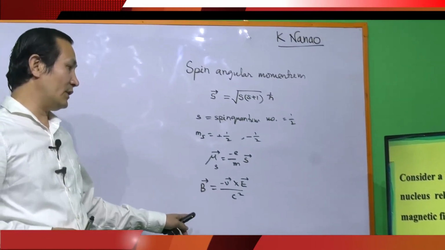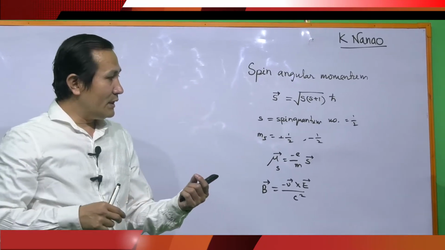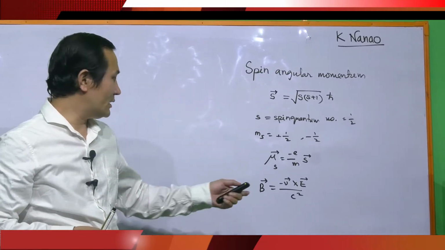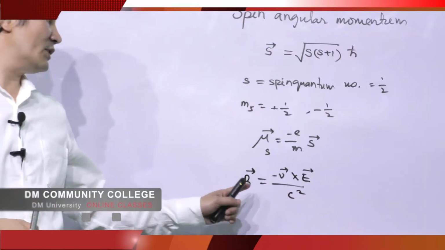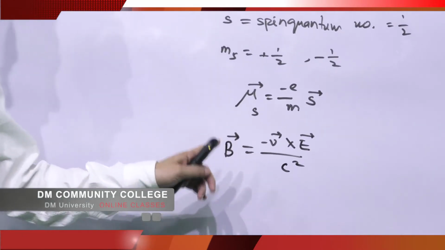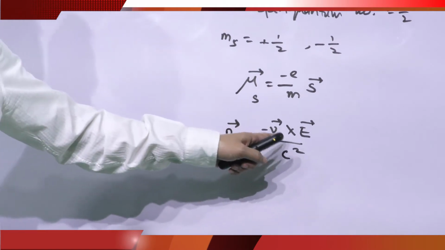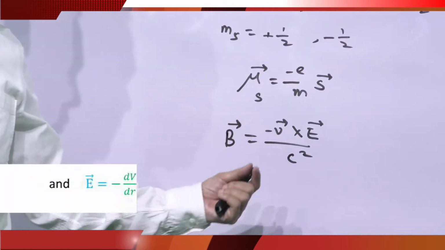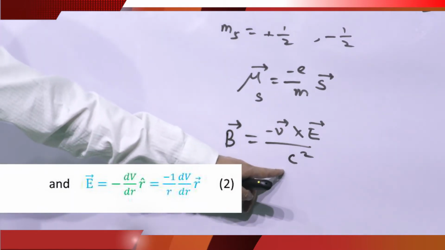The magnetic field experienced by the electron due to the nucleus orbiting around it is given by minus v cross E over c, where minus v is the velocity of the nucleus as seen by the electron, c is the speed of light, and E is the electric field produced by the nucleus. This electric field can be determined from the expression given in equation 2.